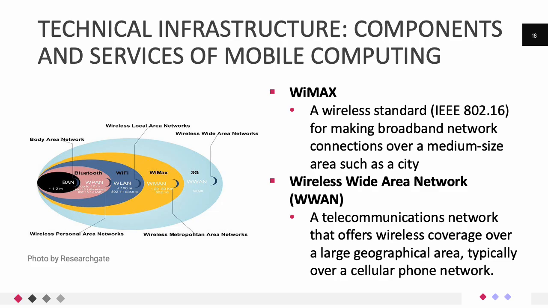It's like an invisible blanket of coverage spanning entire countries. It's powered by cell towers, okay? So in short, Wi-Fi is your apartment's wireless. WiMAX is Taipei's wireless. WWAN is Taiwan's wireless. Okay.